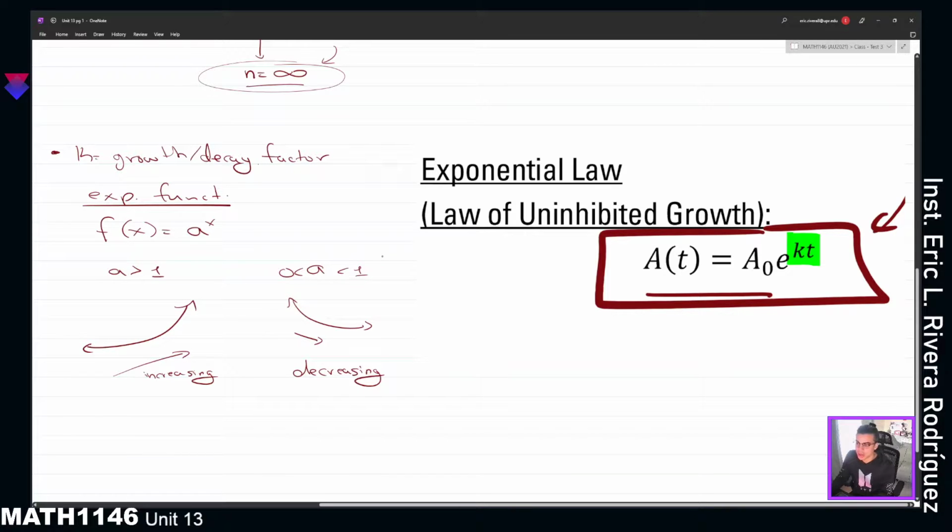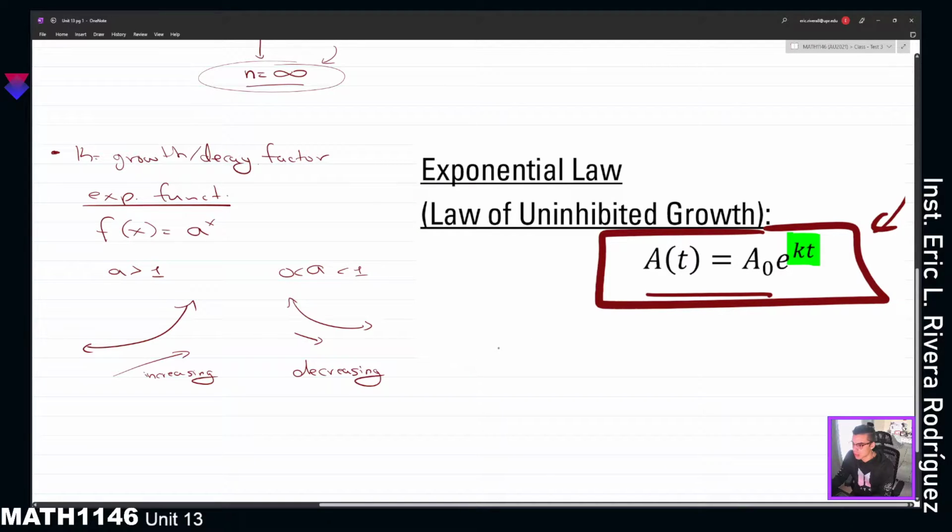Can you tell me how this here applies to this, and how this property allows us to determine if we have a growth or a decay situation? Can you see the relationship between a being greater than 1 and growth, and a between 0 and 1 and decay?